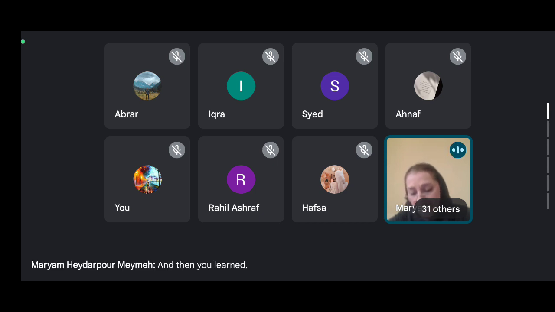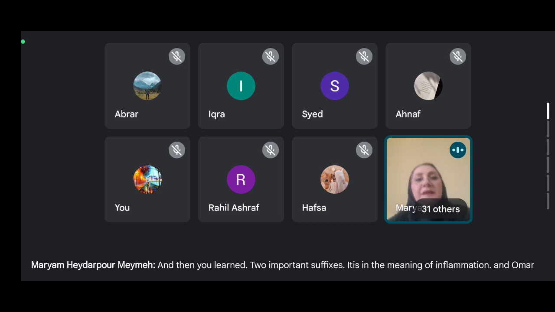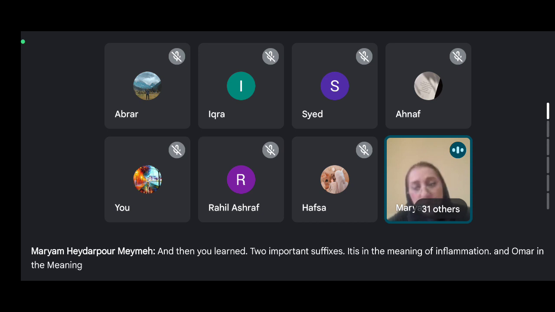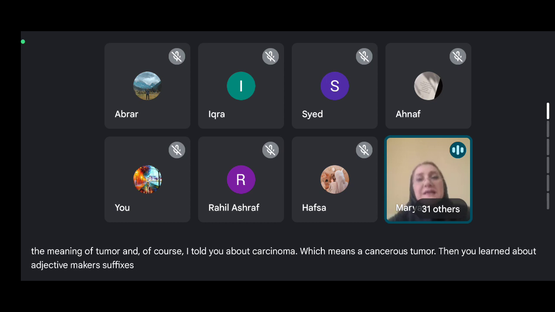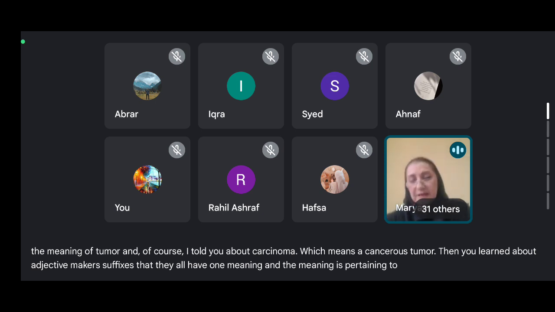And then you learned 2 important suffixes, itis in the meaning of inflammation, and oma in the meaning of tumor. And of course, I told you about carcinoma, which means a cancerous tumor. Then you learned about adjective maker suffixes, that they all have one meaning, and the meaning is pertaining to.